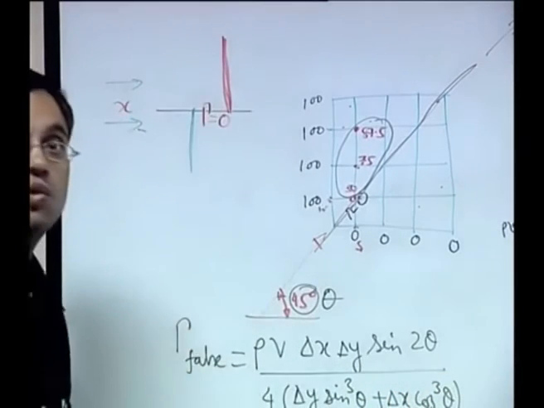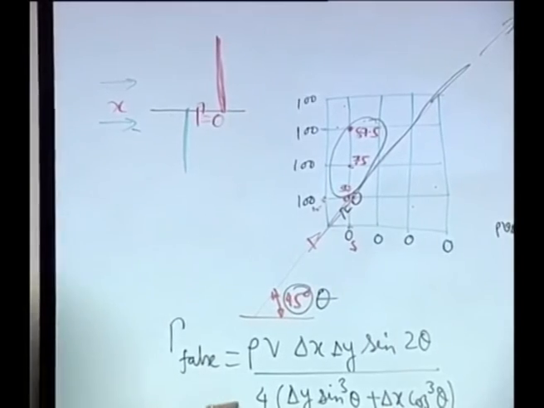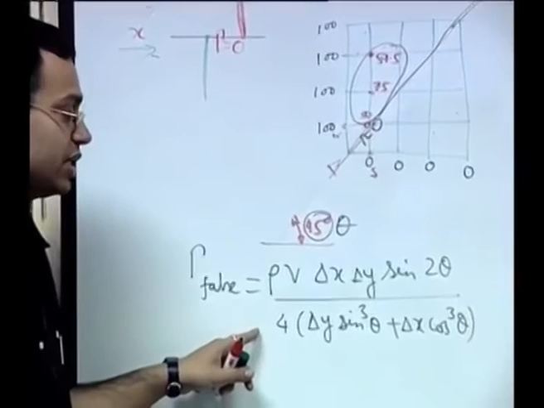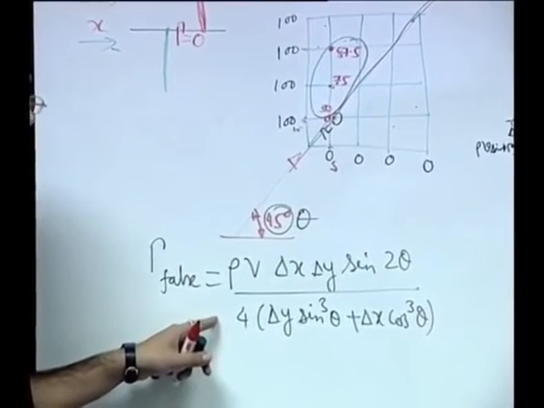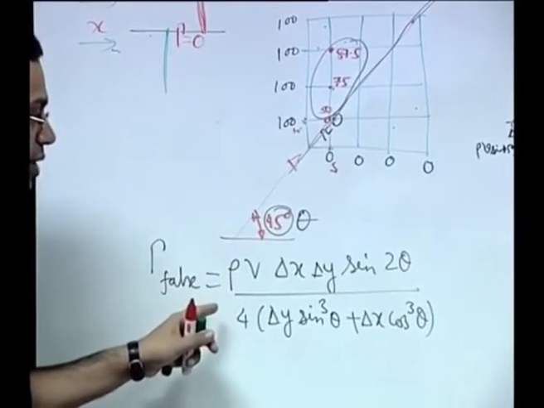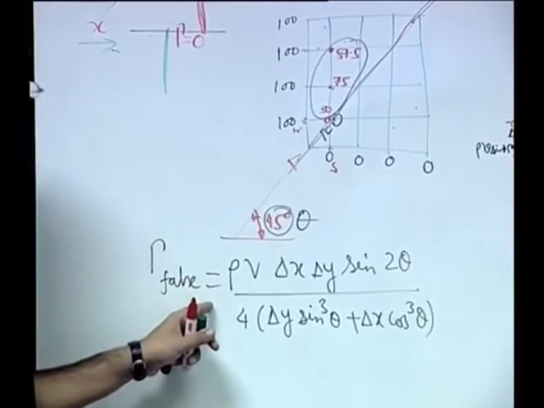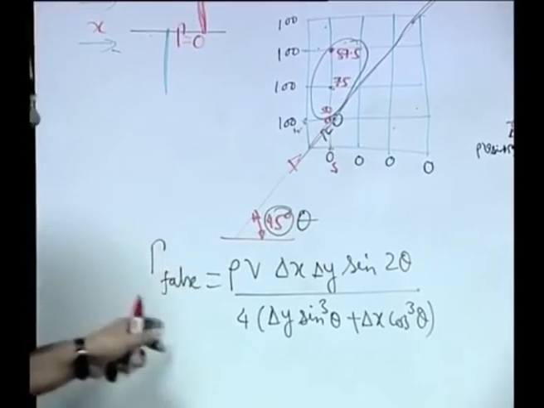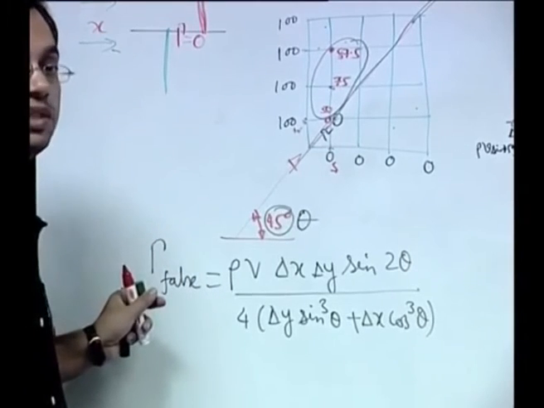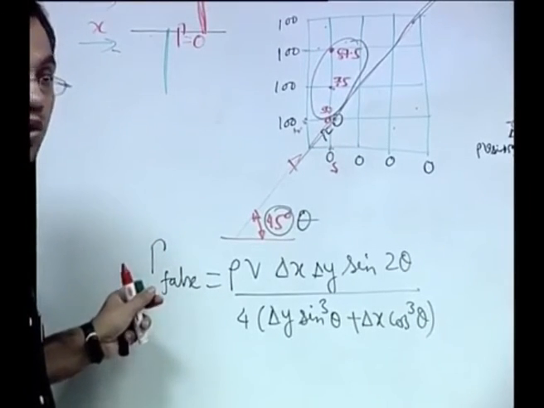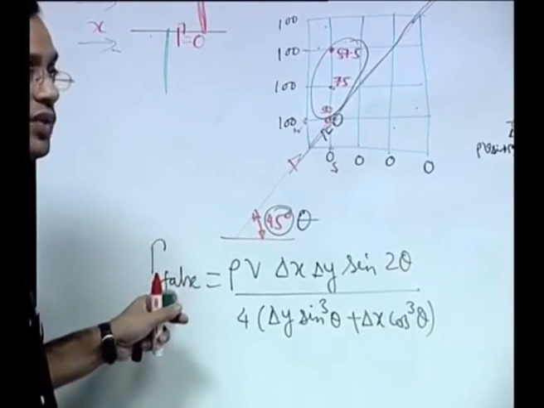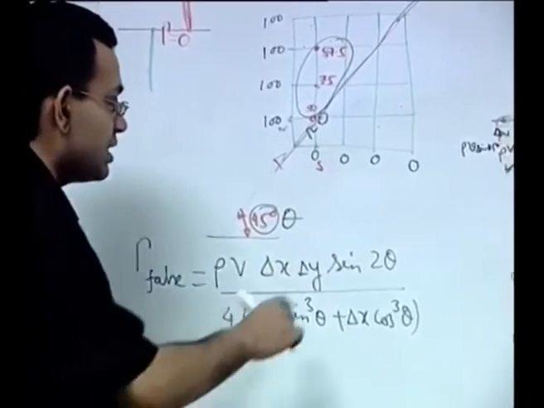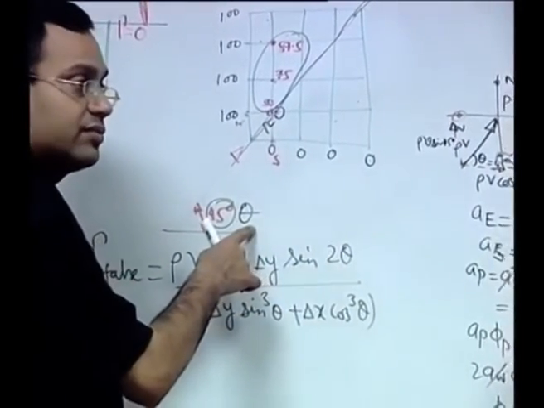So it can be shown that you can have a corresponding expression for the false diffusion. Our objective here is not to prove it, but to see what we can get from this expression. This is an expression for a false diffusion coefficient, where gamma is a diffusion coefficient. This is not a true diffusion coefficient, but a numerical artifact, and we can see that it is a function of this angle theta.